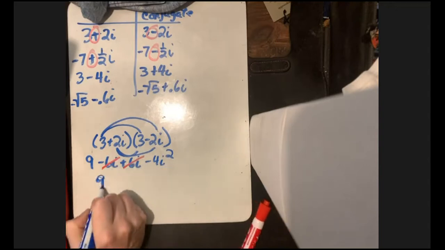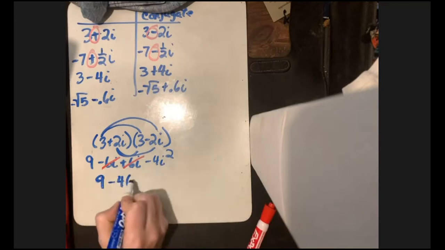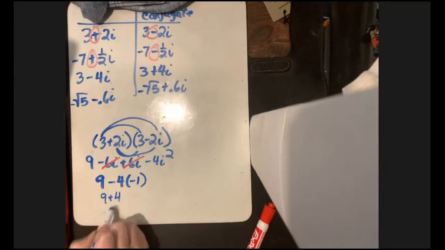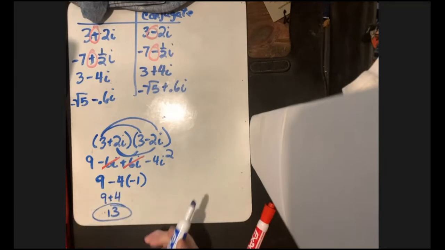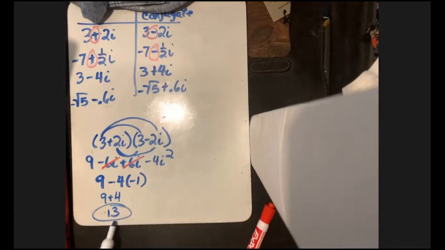And so now I've got 9 minus 4, and I am going to go ahead and trade that i squared for a negative 1. So it's going to be 9 plus 4, which is 13. The point here is that when you multiply a complex with its conjugate, there are no i's in the answer when this is done, okay?